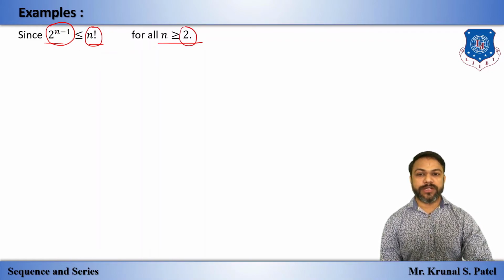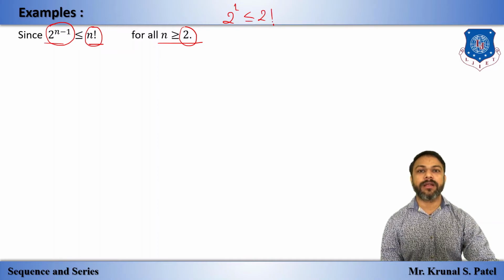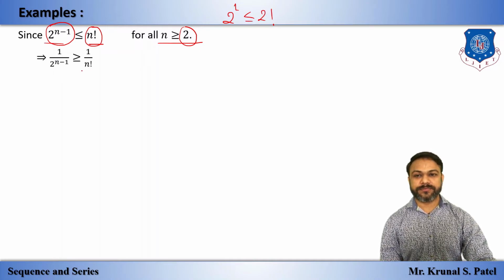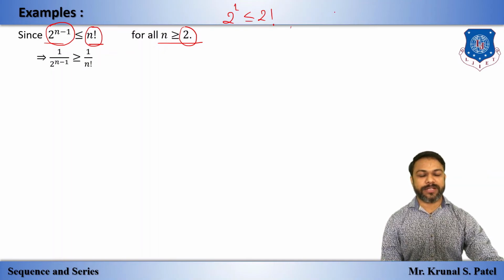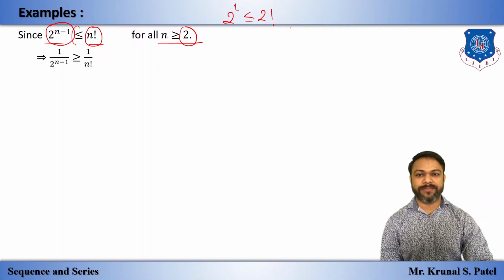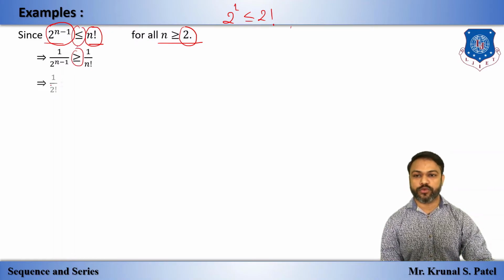So by using this, let's put the value of n as 2. So 2 raised to 2 minus 1, that means 2 raised to 1, which is less than or equal to 2 factorial. It is clear. In a similar way you can check. Now if we take the reciprocal, the inequality will change. Now we put n equal to 2.